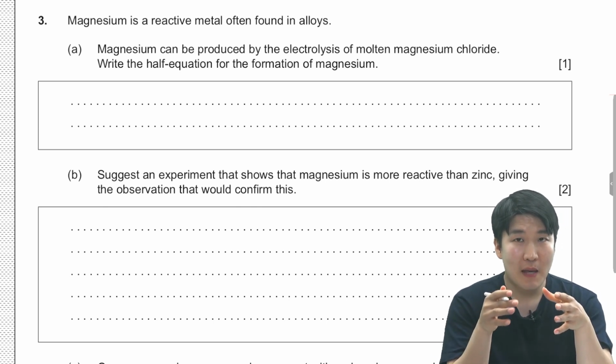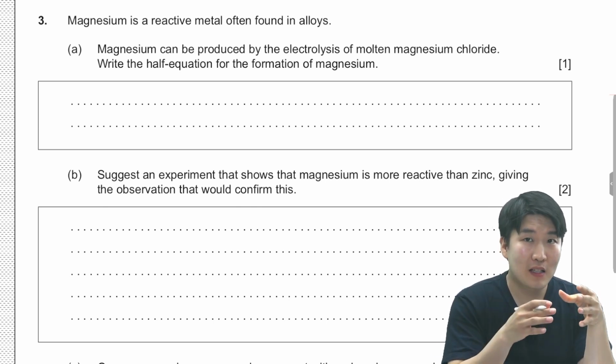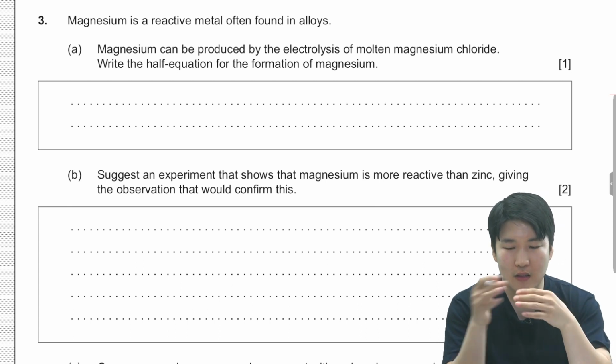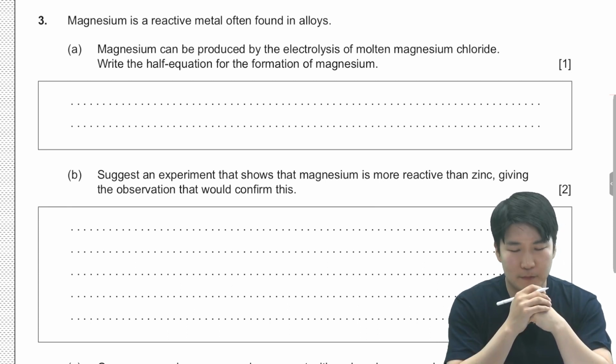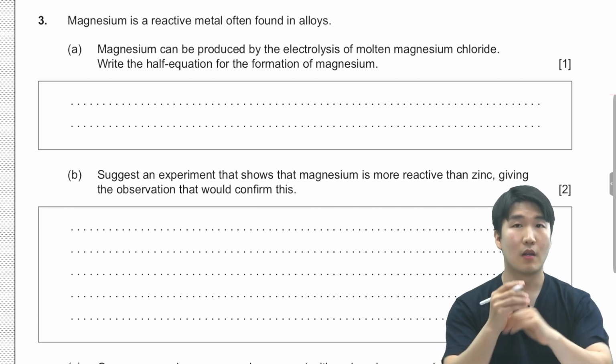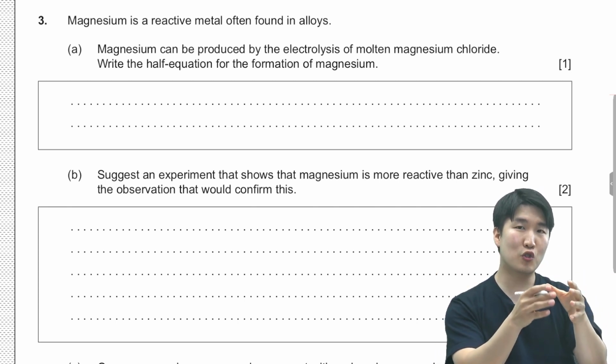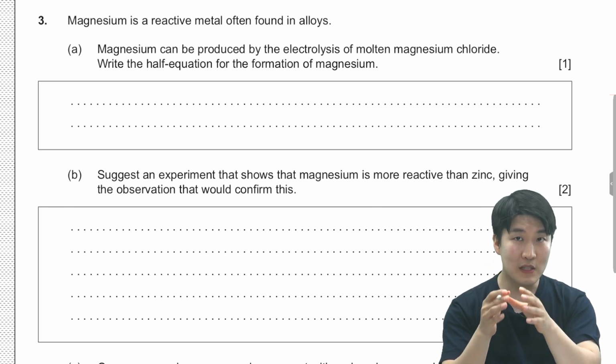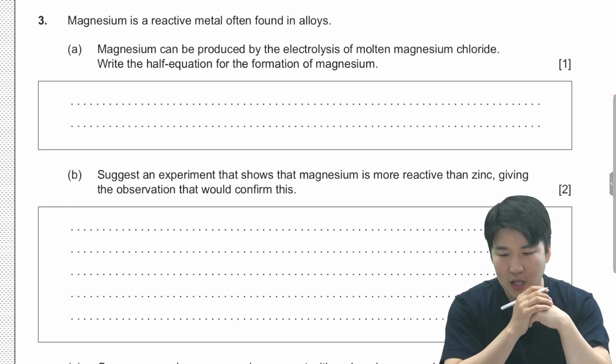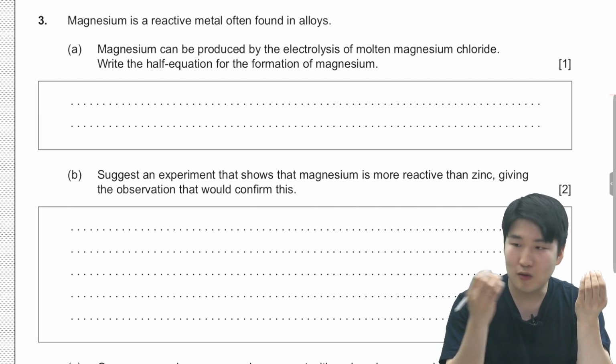Magnesium chloride can be separated into magnesium 2 plus and chloride. Let's read this. The purpose of electrolysis is to separate Mg2 plus from Cl minuses to produce magnesium solid and chlorine gas.